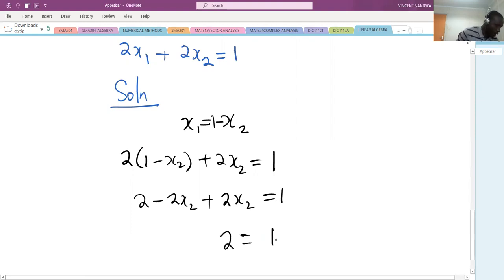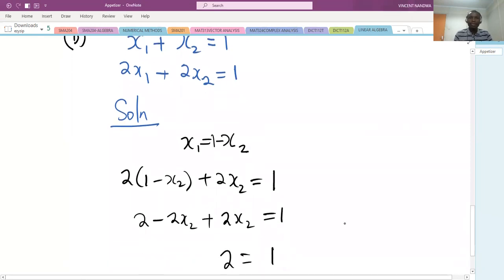This is an absurd situation whereby we are saying 2 equals 1. This really is a contradiction. It's not possible for 2 to be equal to 1.